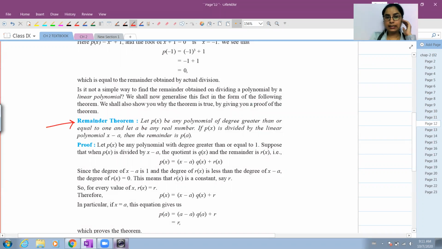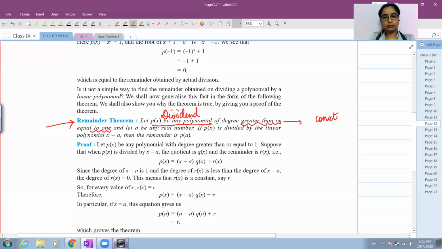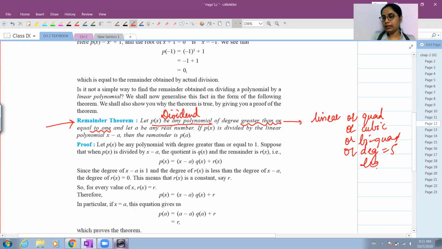So the remainder theorem says: let p(x) be any polynomial. This is your dividend. Its degree is greater than or equal to 1. This means it is either linear or quadratic or cubic or biquadratic, or degree 5, degree 6, and so on.